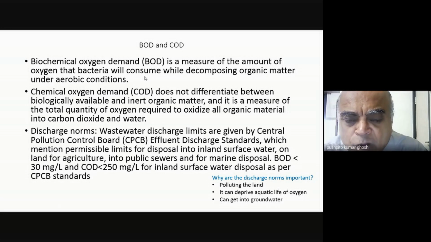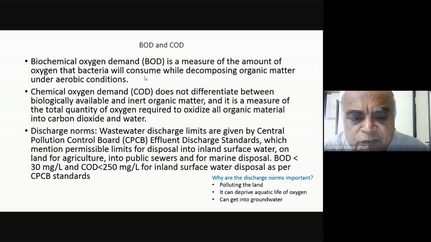It can chew up any organic matter, and I think all of you would be familiar with, say, potassium dichromate, which is a very powerful oxidizing agent, or better still, chromic acid, which is extremely powerful as an oxidizing agent. So always the COD value will invariably be higher than the BOD value, because BOD is only restricted to the portion that can be biochemically oxidized. Okay? Whereas COD is for both biochemical and even otherwise.